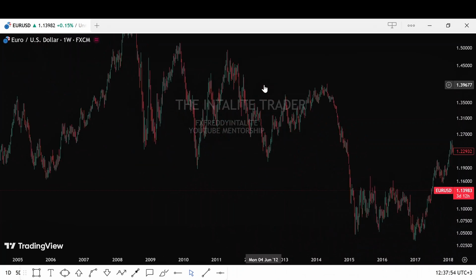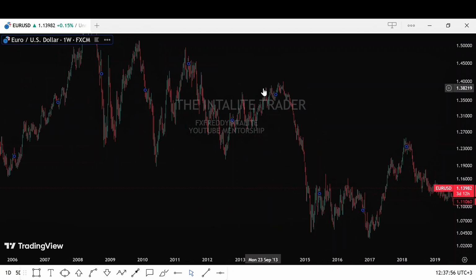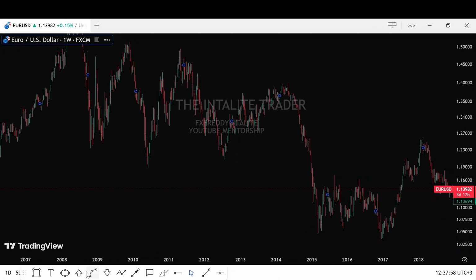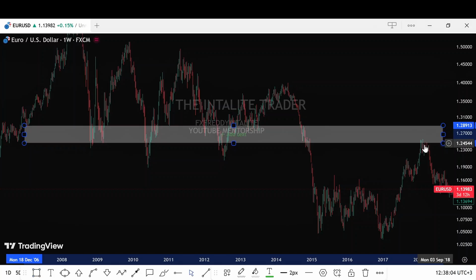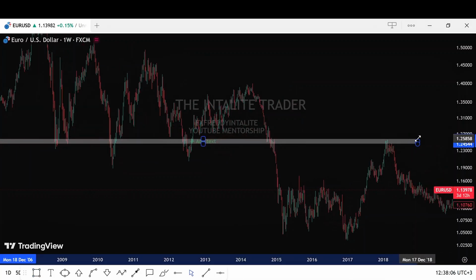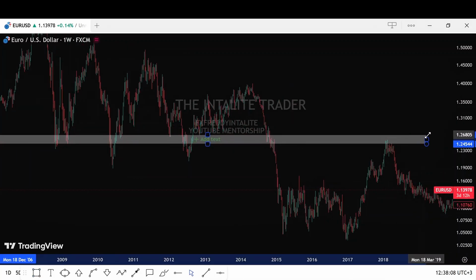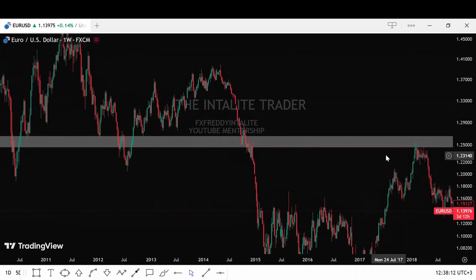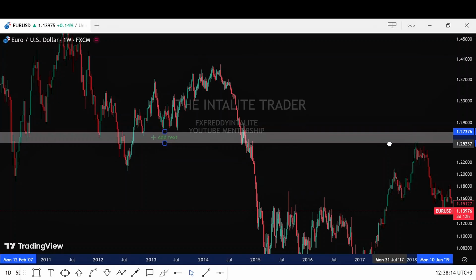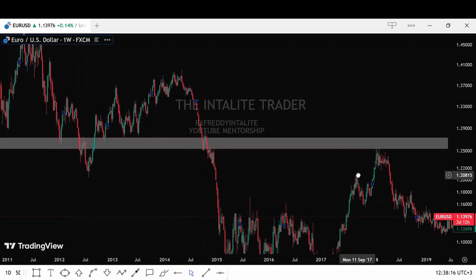So we say this level, if you look at this level very well here, we have this price level point.